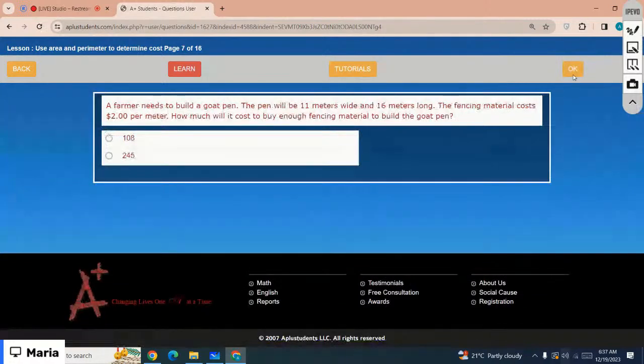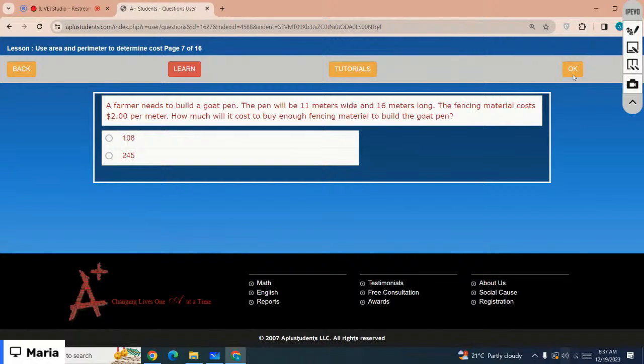Okay, a farmer needs to build a goat pen. The pen will be 11 meters wide and 16 meters long. The fencing material costs $2 per meter. How much will it cost to buy enough fencing material to build the goat pen?